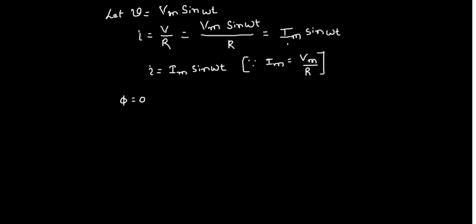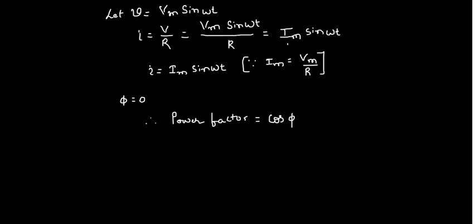Now we already know the power factor. What is the power factor? The power factor is the cosine of the angle between voltage and current, that is cos phi.